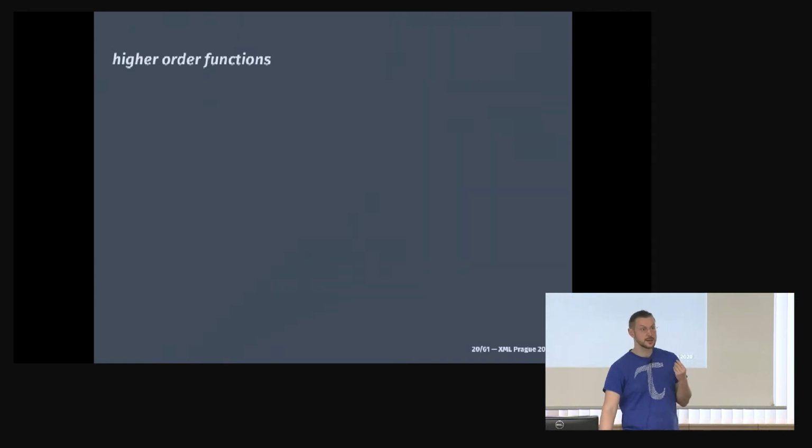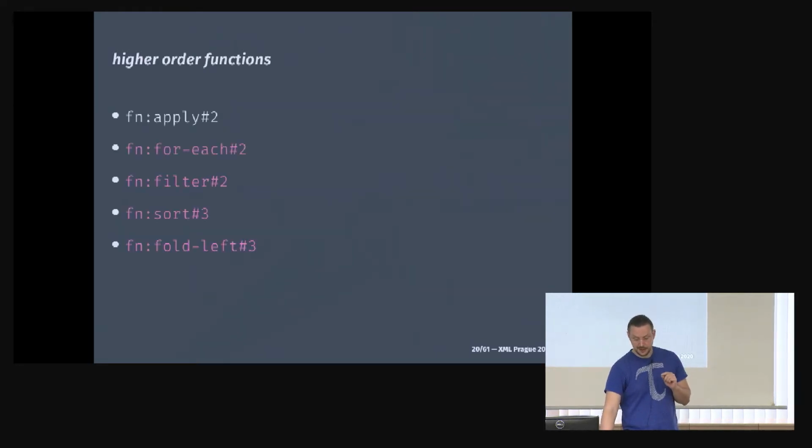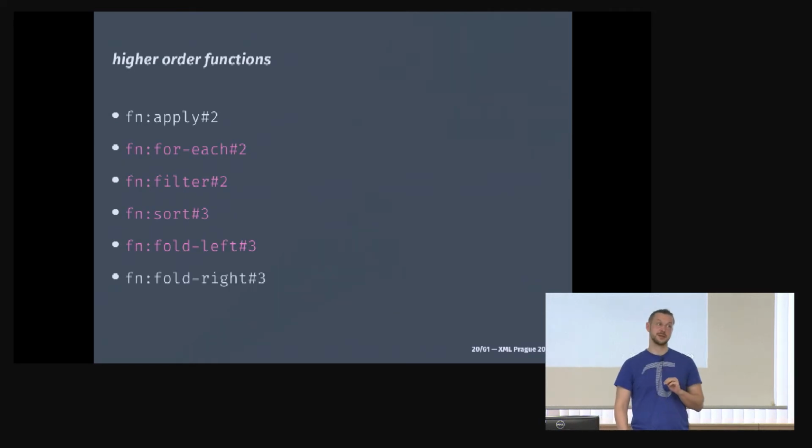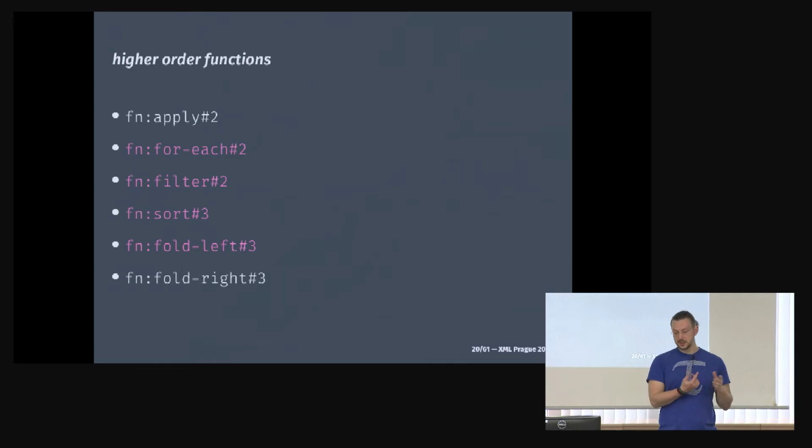Really interesting it gets when you look at those basic higher order functions, which I don't know if they're really basic, but if you have them and combine them, then you can do a lot of interesting things. I will mostly focus on for-each and filter and sort and fold-left because these are a good set of things to do.